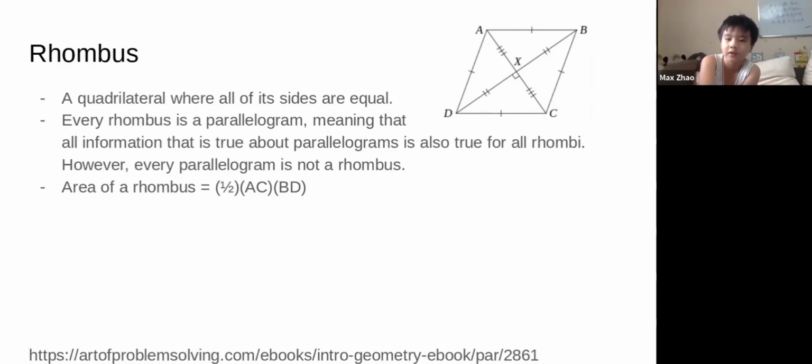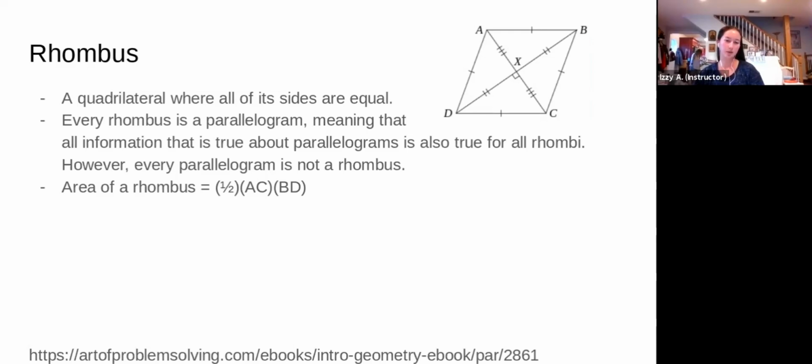That's because you could cut one part of it and then bring it to the other side. A rhombus could be like a rectangle or anything. The area of a rhombus is a bit different. But for parallelograms, yes, you can.